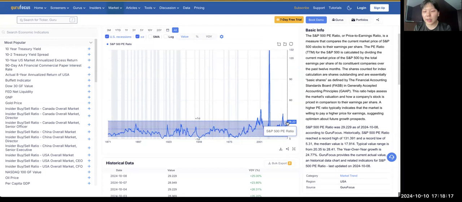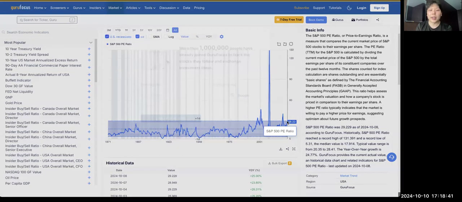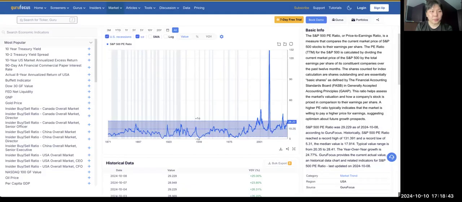And we're currently sitting at the 29.23 range, right? So that is pretty overvalued in my opinion, and that's why I did not do an option play or sell options on the SPY. Although it is a very safe bet, I chose not to because I felt the SPY is currently slightly overvalued.